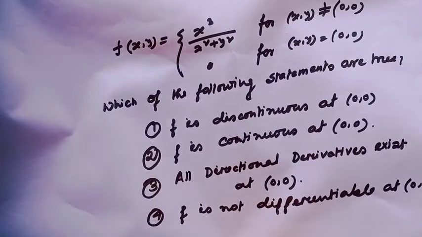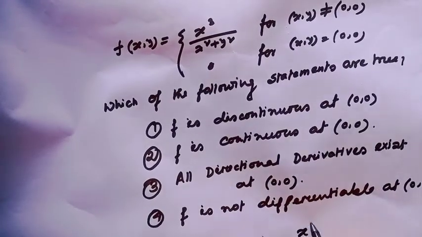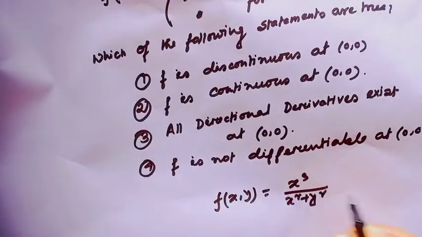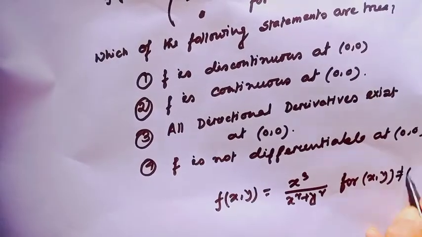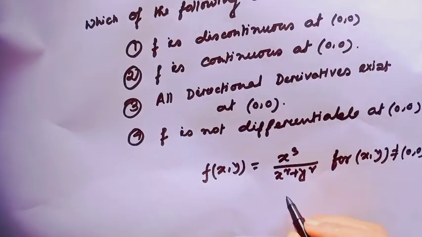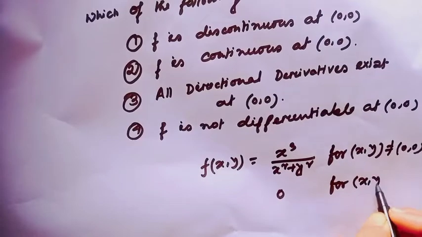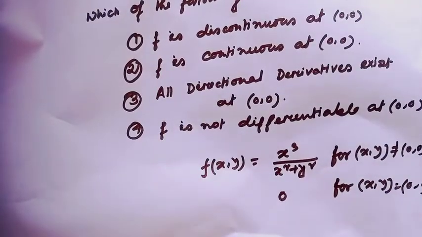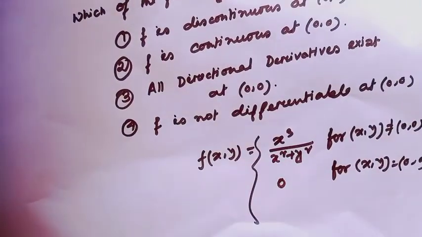Okay. Here the given question is f(x, y) equals x cubed over x squared plus y squared, for (x, y) not equal to (0, 0), and otherwise, for (x, y) equal to (0, 0), the value of the function is 0. Okay. At first I will check the continuity.